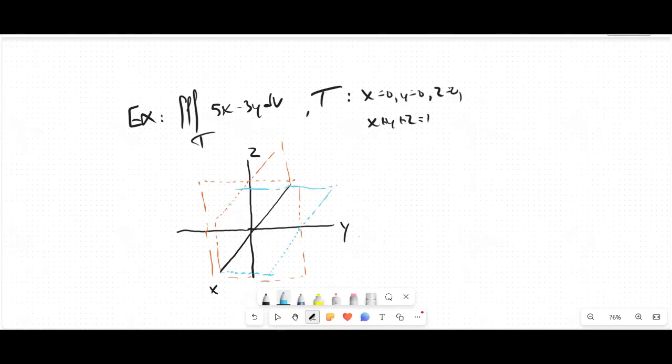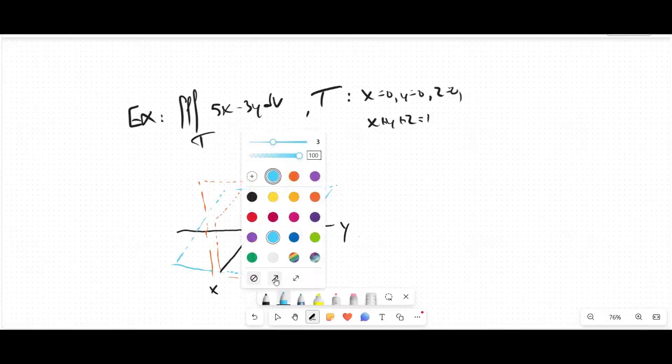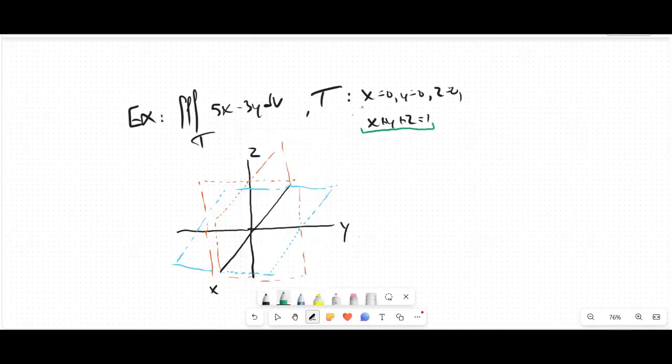And then there's this other plane, x plus y plus z equals 1. You can rewrite this as z equals 1 minus x minus y. So if z equals 1, in the zx plane, 1 minus x looks like this.